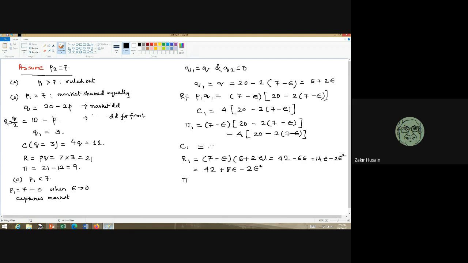This will be 80. This is 14 into 4 is 56. This is 6 plus 2e.